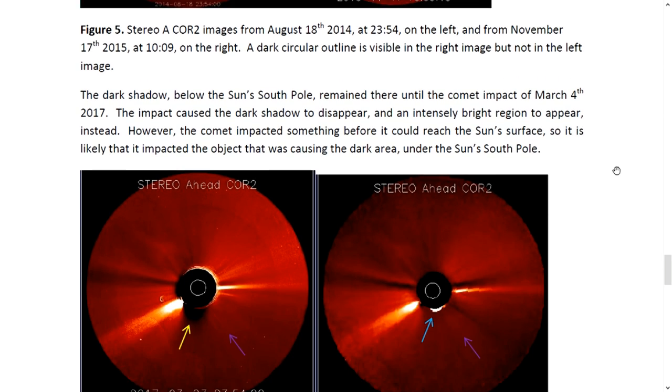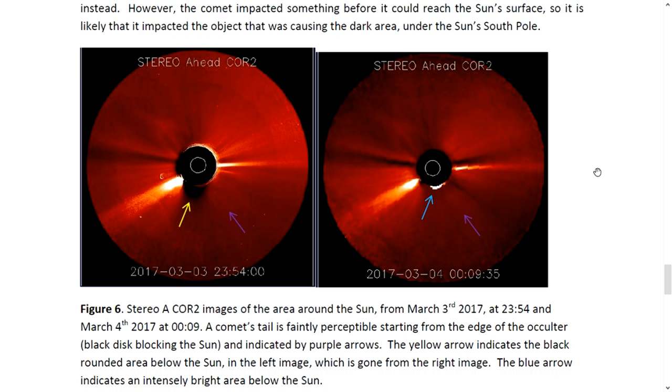Whenever we were viewing this footage, we saw the comet come in and impact. Now, the little white circle that you see here in the middle of the occulter is the actual diameter and size of the sun. Not the big black circle, the small white one in the middle.